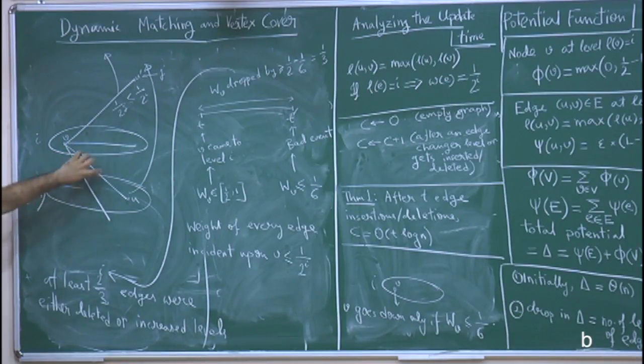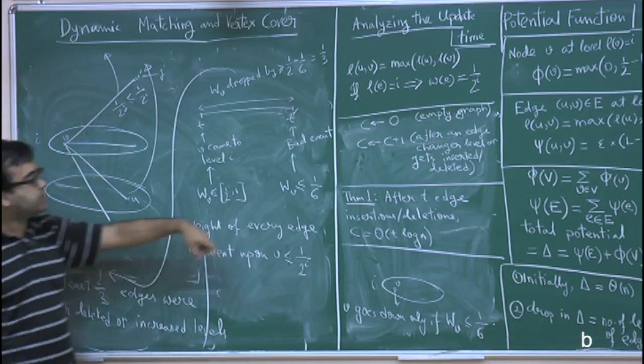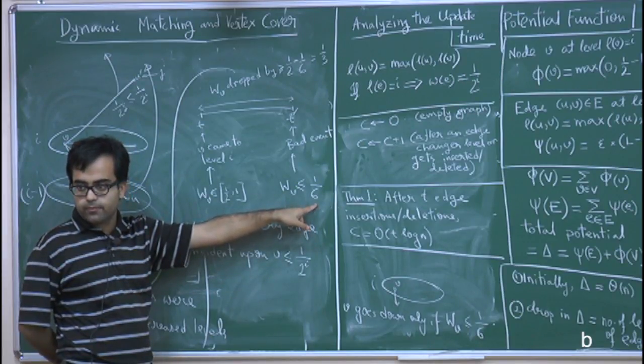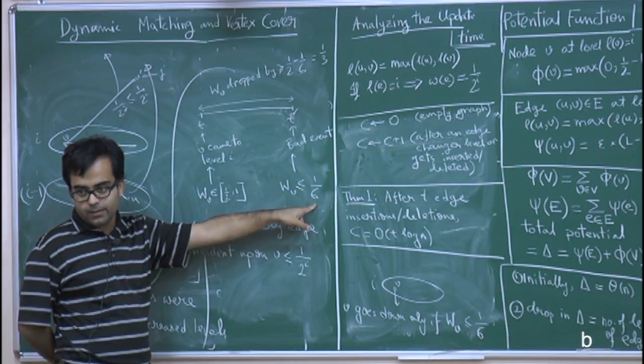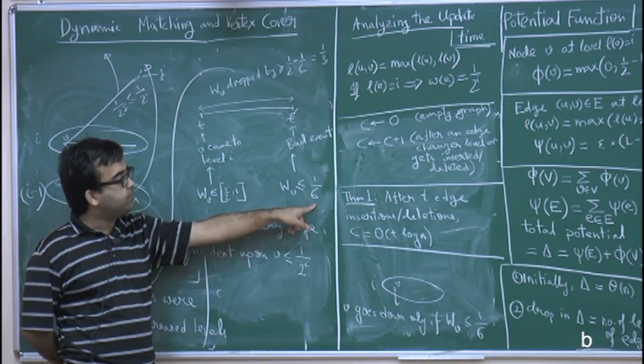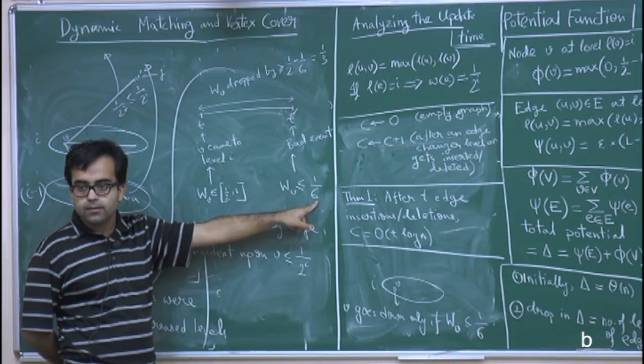Only the edges that are below, they are decreasing their levels, right, for this bad event. And how many edges can there be? At most 2 to the power I by 6, because each of these edges has weight 1 by 2 to the power I, and the weight of V is at most 1 by 6.